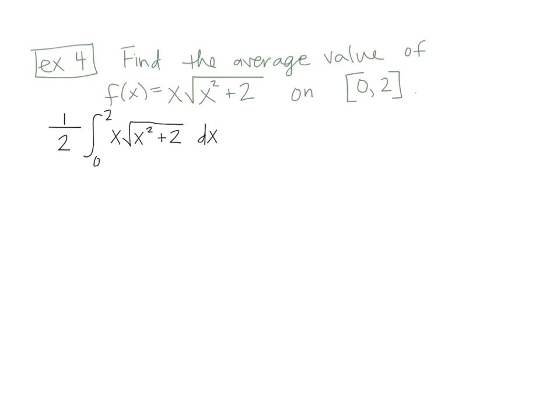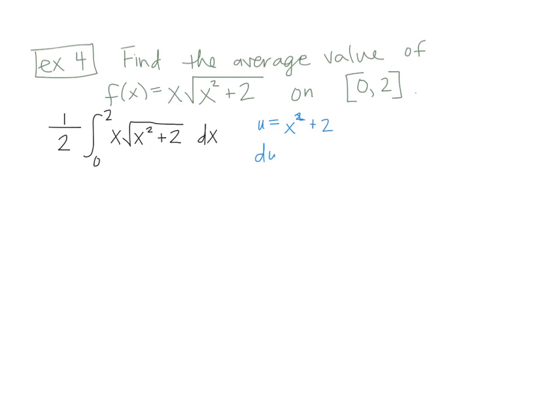Let's just do it. The problem is that we need to use substitution. So take a second to think about what your u substitution should be. All right, we should have u as x squared plus 2.